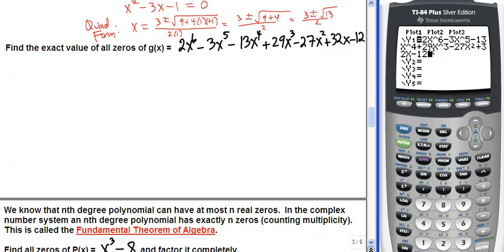Let me double check. 2x to the 6th minus 3x to the 5th minus 13x to the 4th, 29x cubed, 27x squared, 32x minus 12. Let's hit graph.